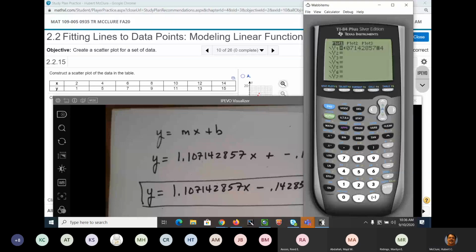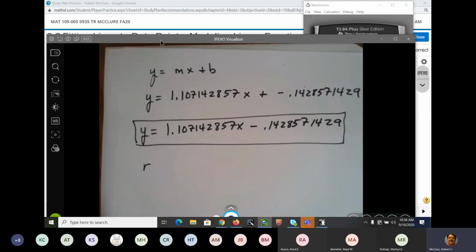Oh, you got to hit that X. Minus 0.1428571429 and hit graph. And there is the best line to fit between the points. Okay. Now it also gives you an R. R is what we call the correlation coefficient.